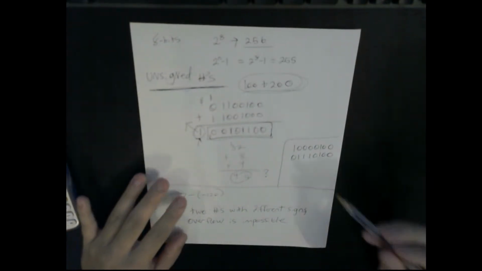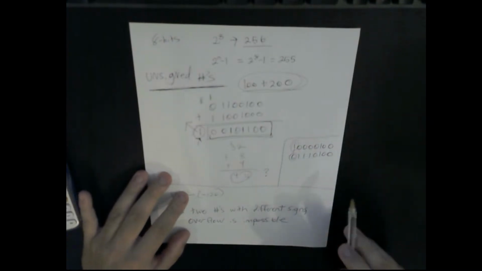In order to find the sign of a two's complement number, you look at the most significant bit here. These signs are opposite. It's like you're adding a negative number to a positive number. And since some portion of them are going to cancel out, there's no way we can get overflow. There's no way we can get a number that's too big or small to be represented using our current number system.